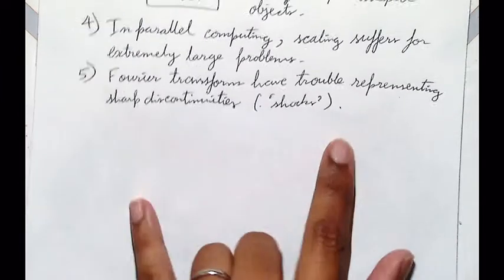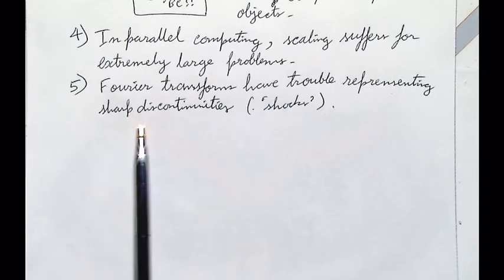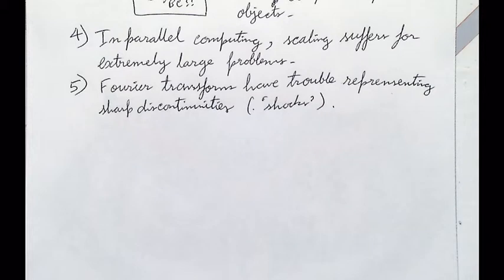When I was doing my PhD, one of my committee members said, no, Fourier transforms are awesome, they can do everything, right? But he forgot that when you have a sharp jump in U or in rho, Fourier transforms are terrible at reconstructing that. Why do you think that is?